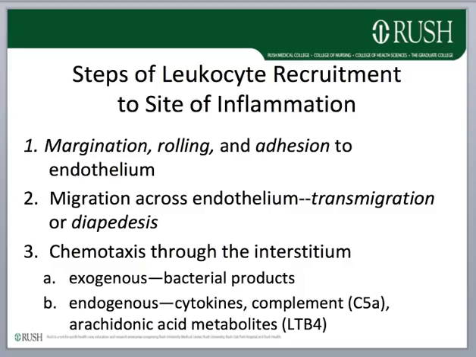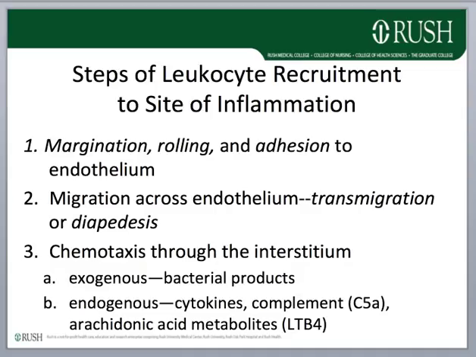The second step is migration across the endothelium and vessel wall. In this process, leukocyte recruitment is migration of the leukocytes through the endothelium, called transmigration or diapedesis. Transmigration of leukocytes occurs mainly in postcapillary venules.